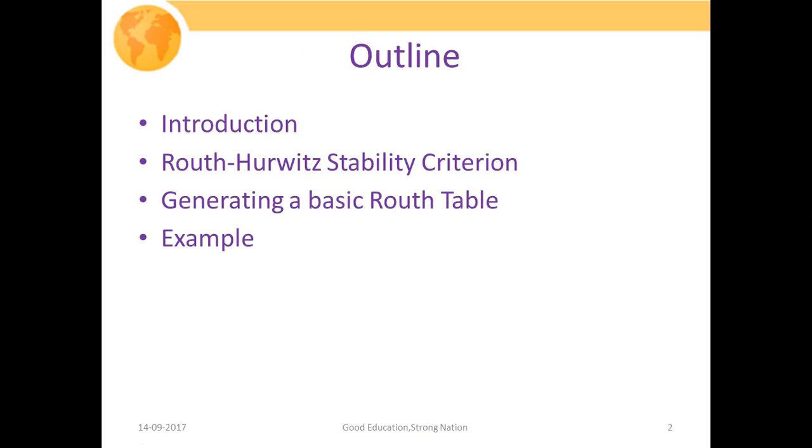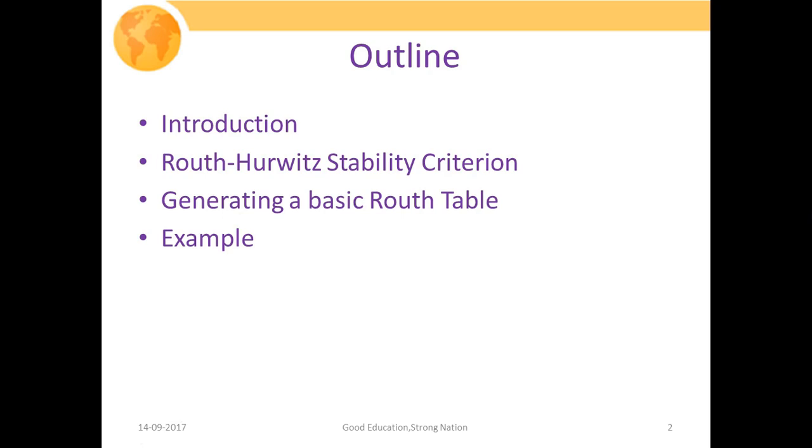We have introduced the concept of stability, where we mentioned that the positioning of poles plays a vital role in characterizing the stability of the system. Then we discussed the Routh-Hurwitz stability criterion. We have also discussed how to generate a basic Routh table and how to manipulate that table in order to characterize whether the given system is stable or unstable.